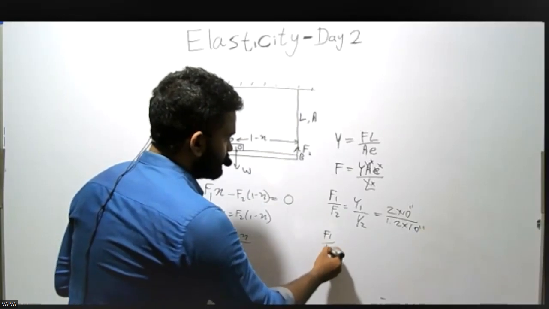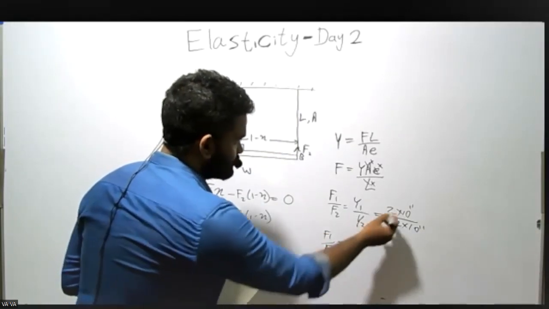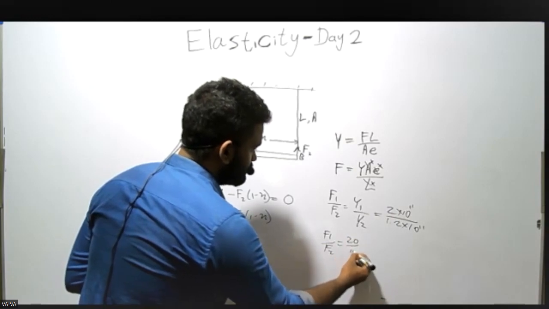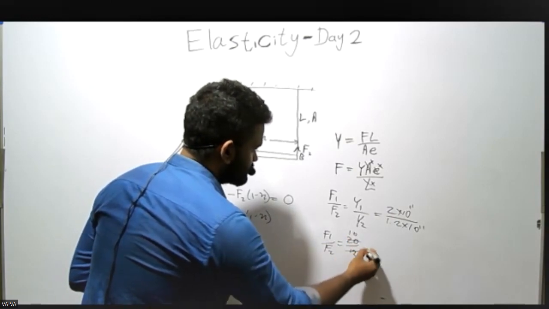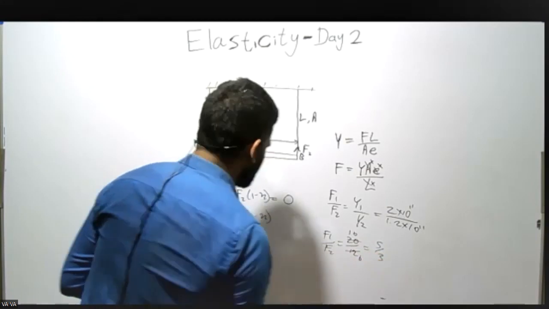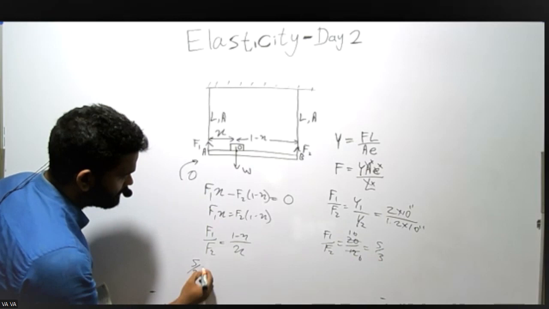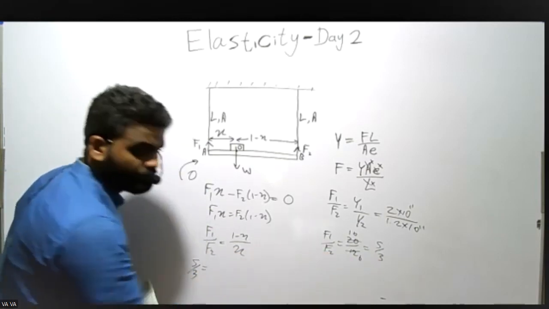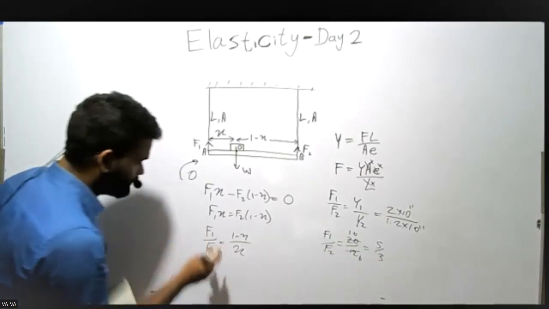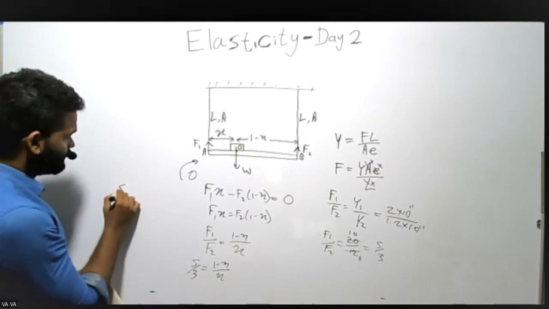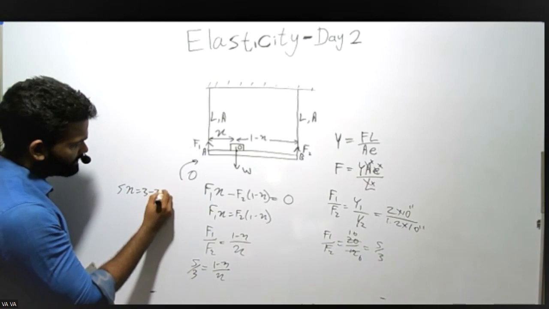Now you can find F1 over F2. That is 2 divided by 1.2, so that is 20 over 12, 10 over 6, 5 over 3. Now plug this in: F1 over F2 is 5 over 3, so (1 minus X) divided by X. Cross multiply, 5X equals 3 minus 3X.